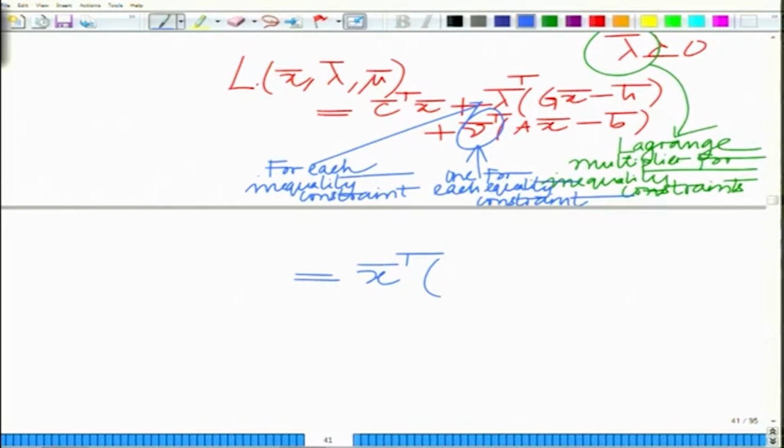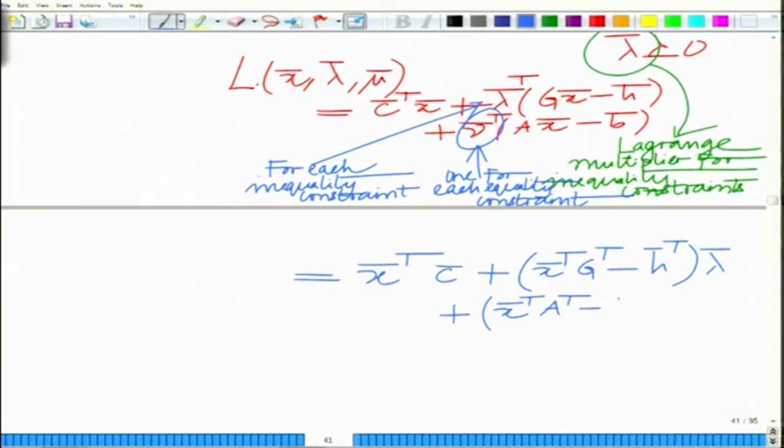So, x bar transpose c bar plus x bar transpose (G transpose lambda bar minus h bar transpose lambda bar) plus x bar transpose A transpose nu bar minus b bar transpose nu bar.